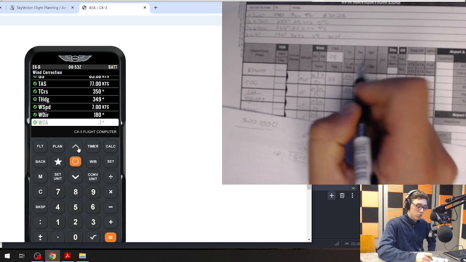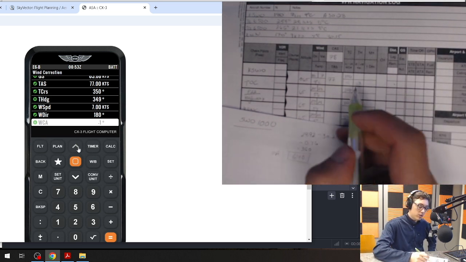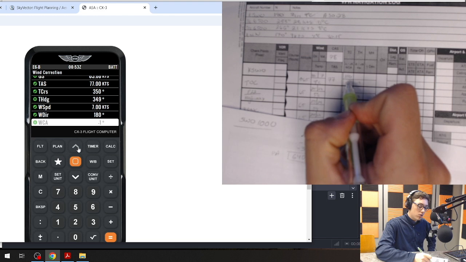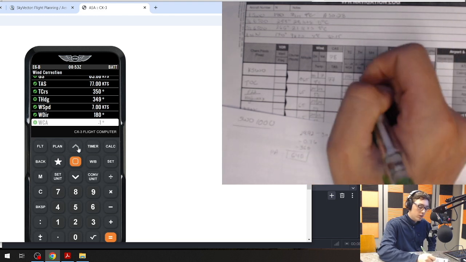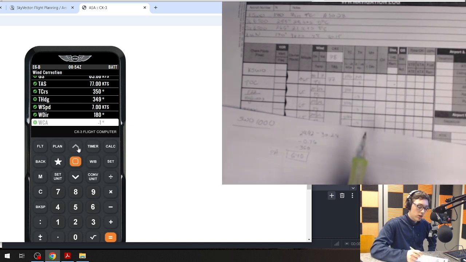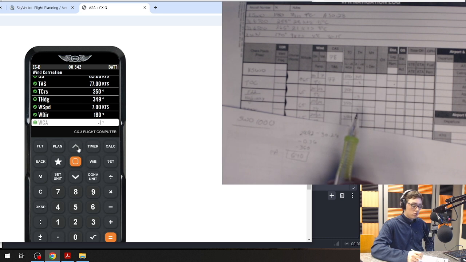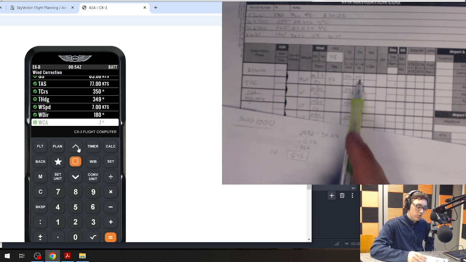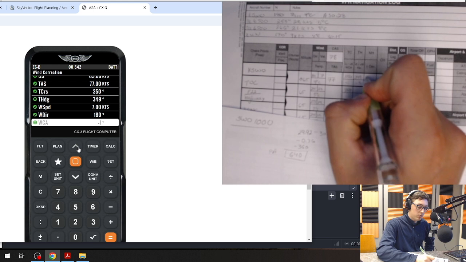So we're going to write a -1 right there. So 350 -1 gives me a 349 true heading. Now, I already found out my variation. So what I'm going to do with that is subtract 3 from my true heading, 349, which gives me a 346 magnetic heading.